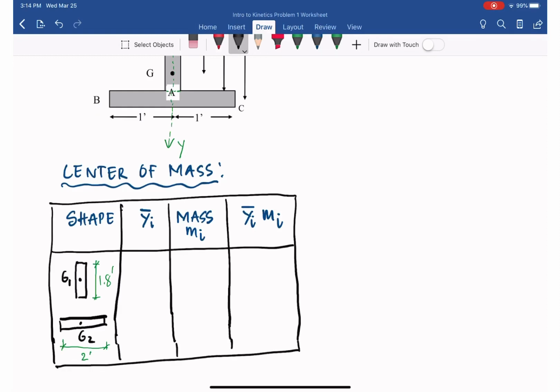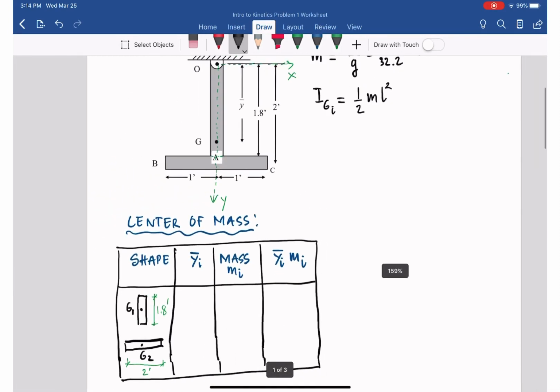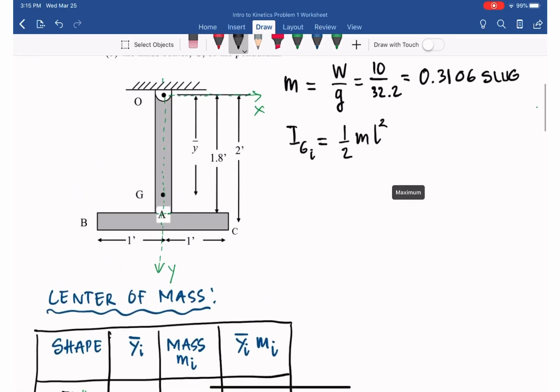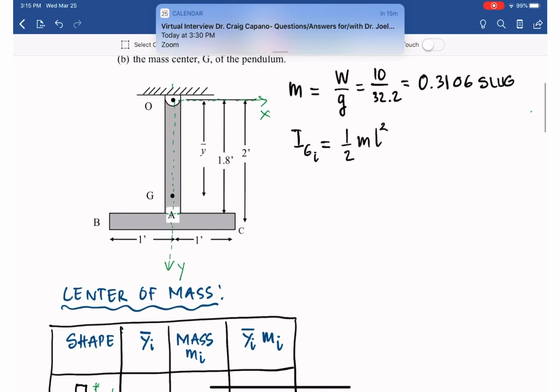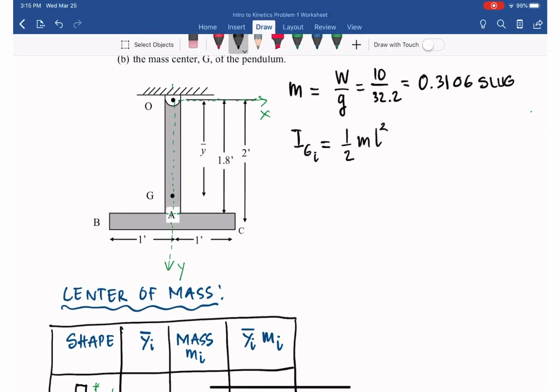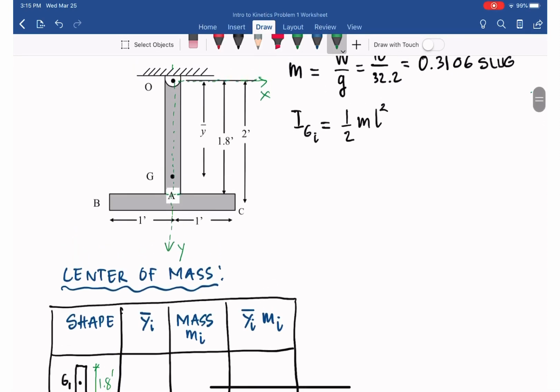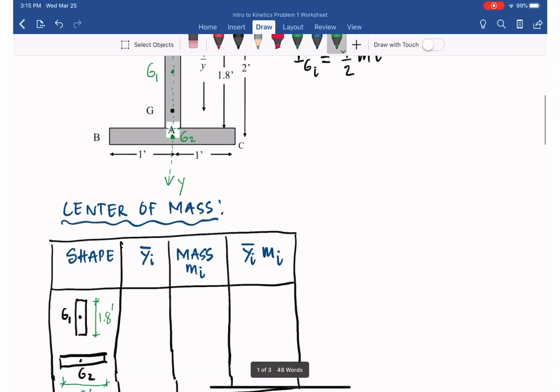So go ahead and fill out y bar, which is from the coordinate origin O to the center of mass of the standard shape. The one in the middle here is the center of mass of the standard shape, the vertical thin rod. And then the center of mass of the horizontal shape will be there, G2 in the center. So the distance from O to G1 will be y bar 1.